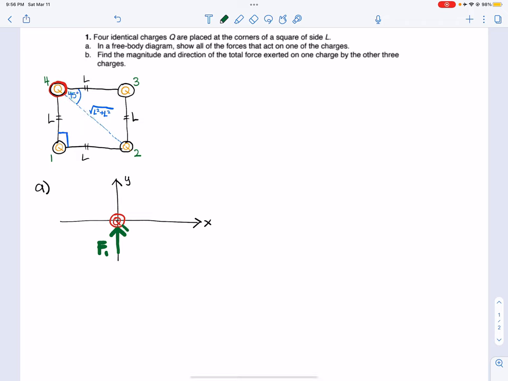So it would come at this angle. This is my F2, force coming from charge number 2. And then I would also feel a force coming from charge number 3, coming this way. So F3. Okay. So those are the three forces that act on charge number 4, which is this charge right here. Okay.